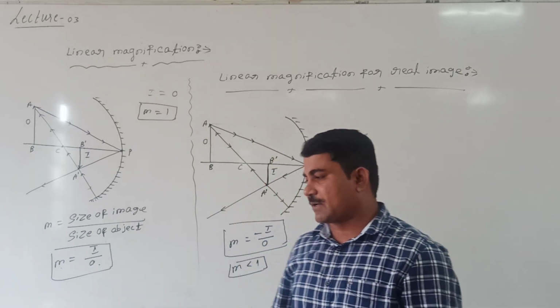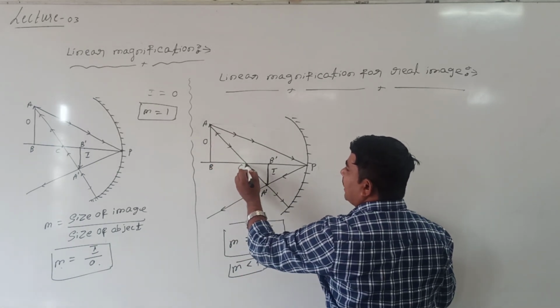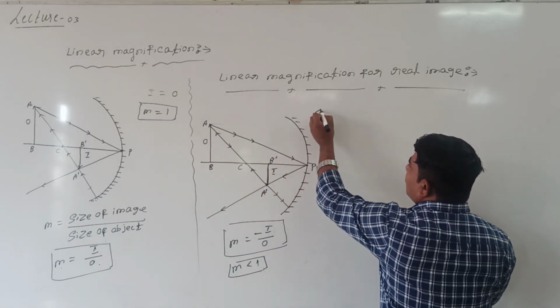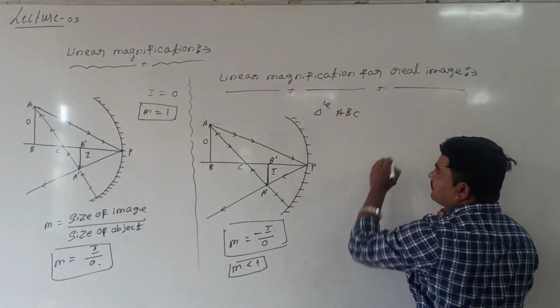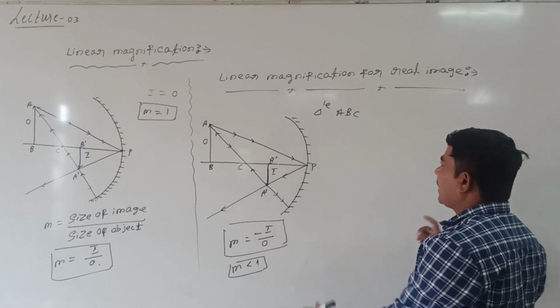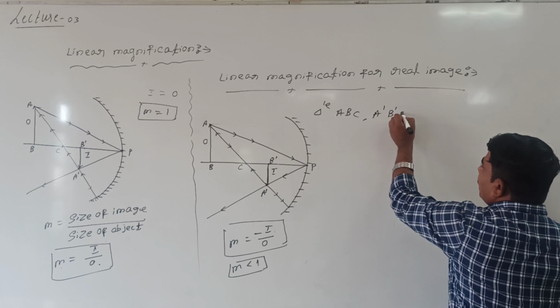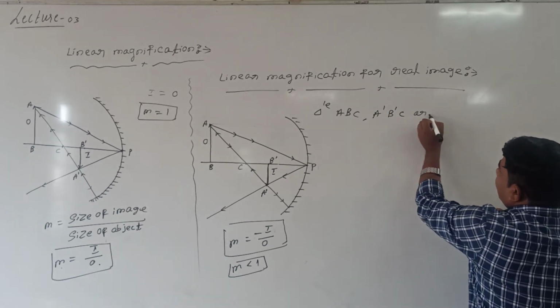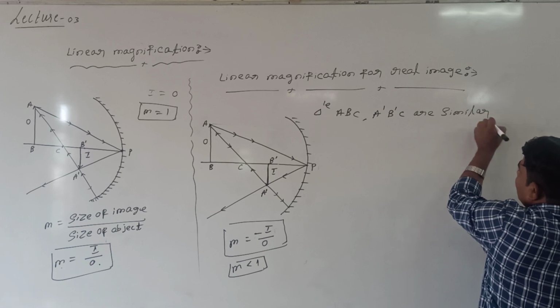That is also negative here. How is it? Look at me in this diagram. Triangle ABC looks like one triangle. One more triangle, A dash B dash C, looks like another triangle. Both of these triangles are similar. Right or wrong?